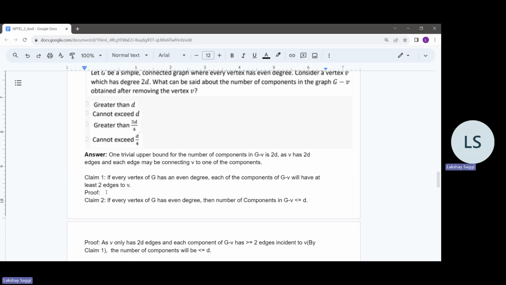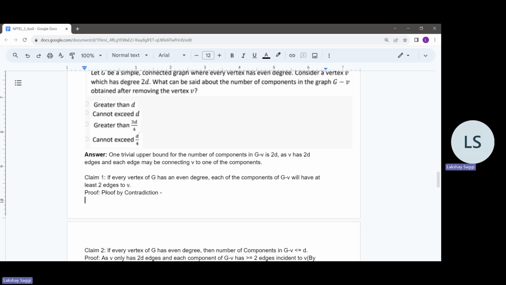And how can we show this? We do a proof by contradiction. What's the proof by contradiction here? We know that we need to have at least one edge to the component, right? Otherwise, the graph would not have been connected at all initially.